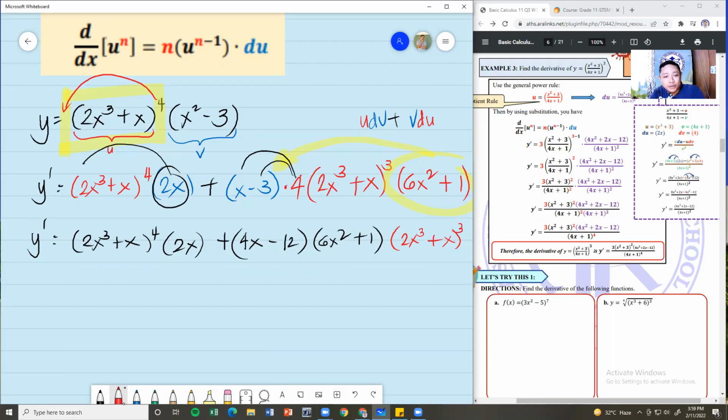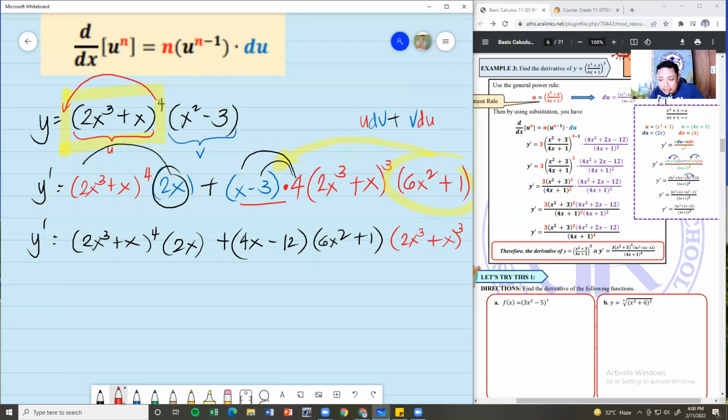So 4 cannot be distributed to this. It's not allowed because of that exponent. Okay? Take note of that. So where can we multiply 4? To x minus 3 since it's being multiplied here, and also to 6x squared plus 1. Can you follow? But we can only do that once. So first we multiplied 4 here. So it became 4x minus 12.